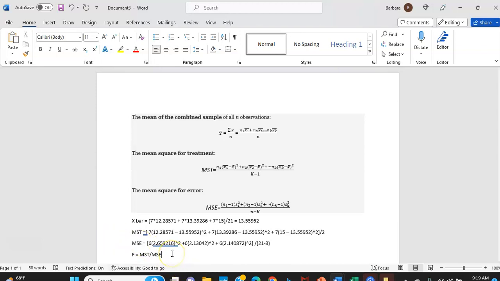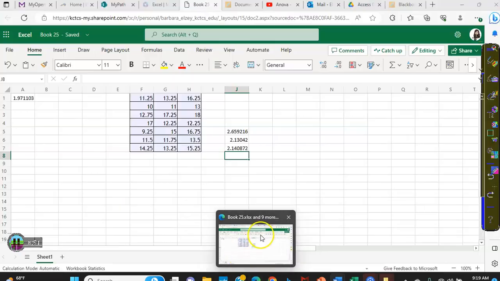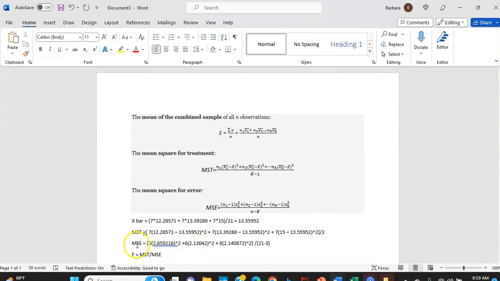And then once we have that F statistic, we are ready to plug it into Excel. Actually, I think in number 2 you used the inverse function, so maybe we'll just do a quick example of that.